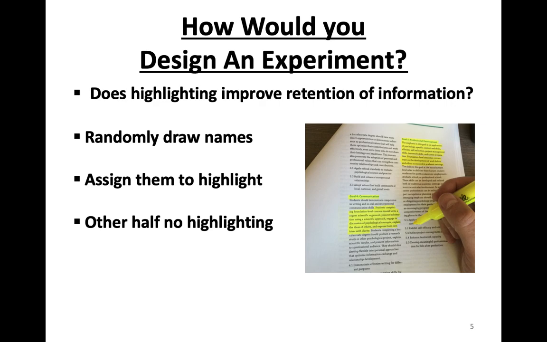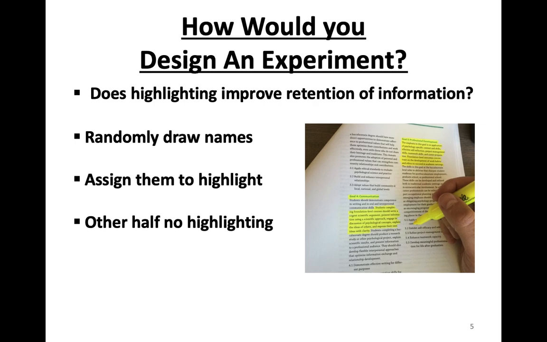Well, in that case, it's not just the highlighting that is different between those two groups. It could be other pre-existing differences that are related to using a highlighter. Maybe the students that naturally use a highlighter are better students. Maybe the people that naturally use a highlighter have more experience using a highlighter, so they're used to using it. So there's several different important factors that could end up being what is known as a confound or an alternative explanation.